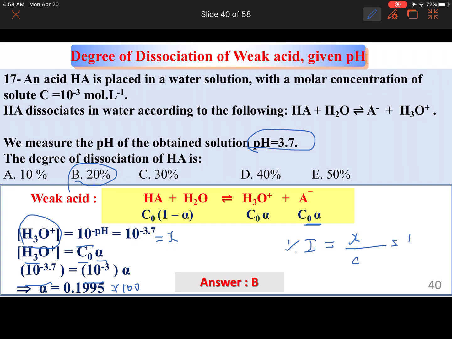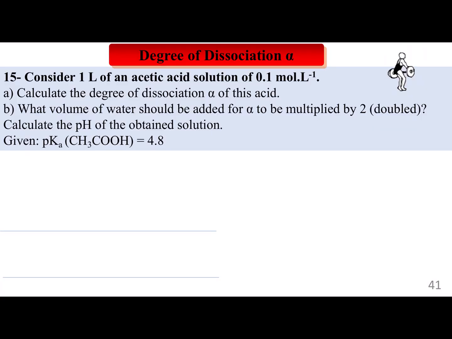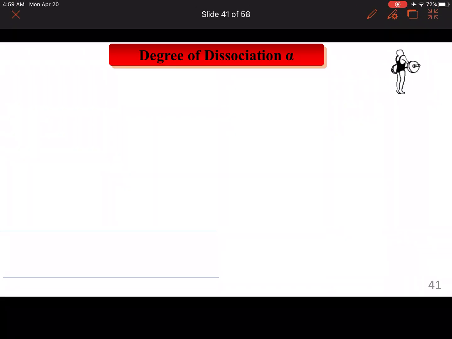So what is my x? 10 to the minus 3.7 divided by my initial concentration, which is 10 to the minus 3, times 100. And guess what? You get the same answer, 20%. Number 15, I'm going to keep on its own.